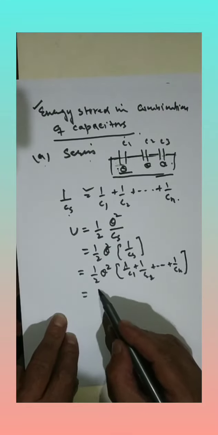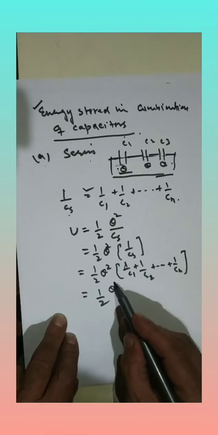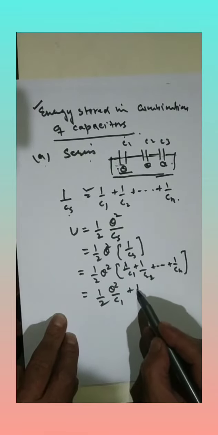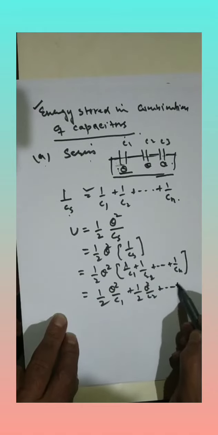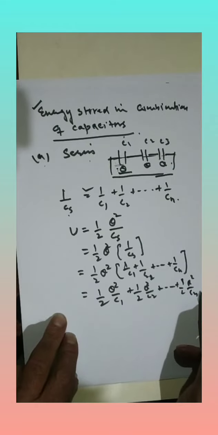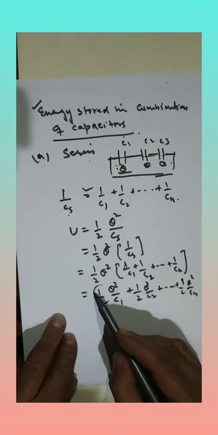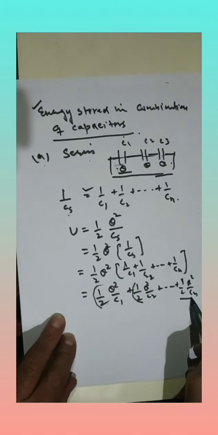So this will be equal to, multiplying throughout, 1 by 2 Q square by C1 plus 1 by 2 Q square by C2 plus dash plus 1 by 2 Q square by Cn. So this is the energy stored in the first capacitor, this is the energy stored in the second, this is the energy stored in the nth capacitor.